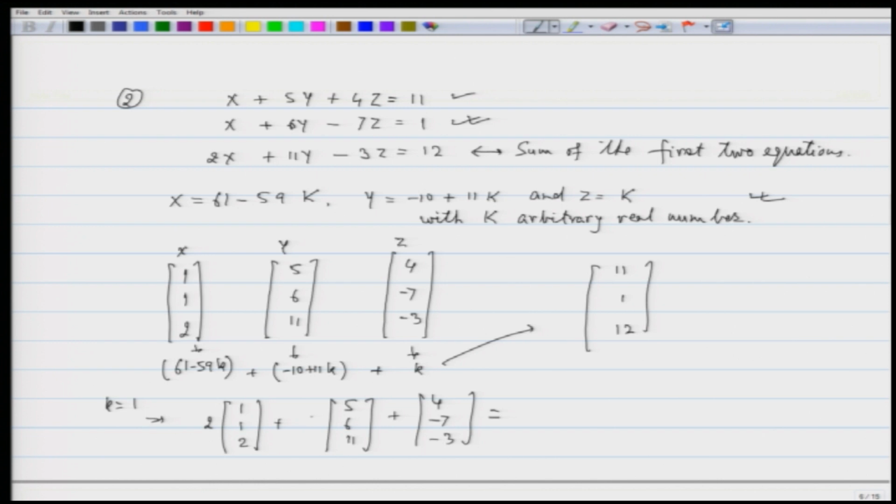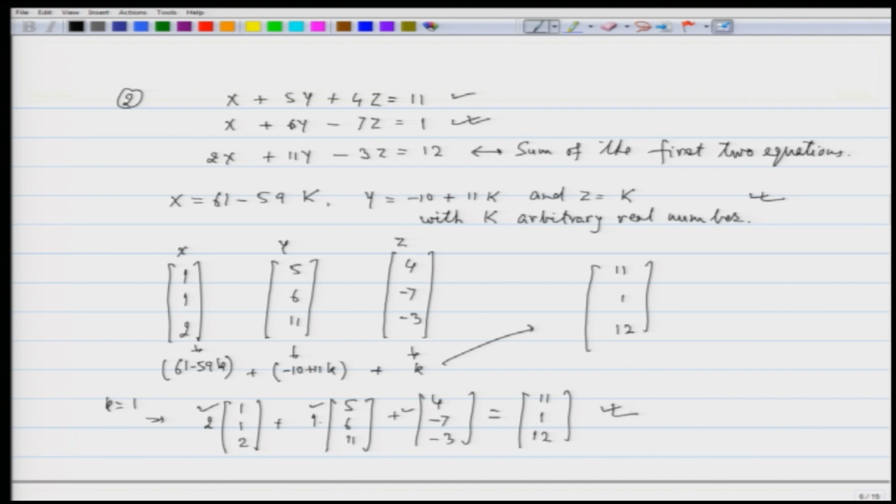So, k is 1 here also: 5 plus 4 is 9, 9 plus 2 is 11; 6 plus 2 is 8, and this minus 7 will give you 1; then 11 plus 4 is 15, 15 minus 3 is 12. So, you can see that vector addition is again coming into play here.